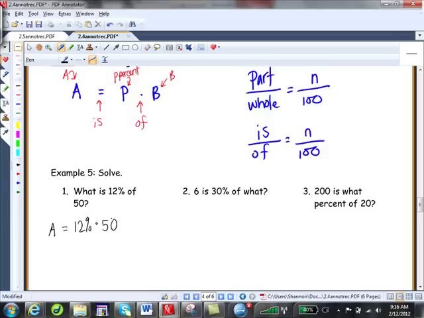So the B is the 50 in this case. Now in order to compute this, we need to rewrite 12% as a decimal. So do you see we'll get 0.12 times 50. And then when we do the computation, we will get A is equal to 6. So 6 is 12% of 50.